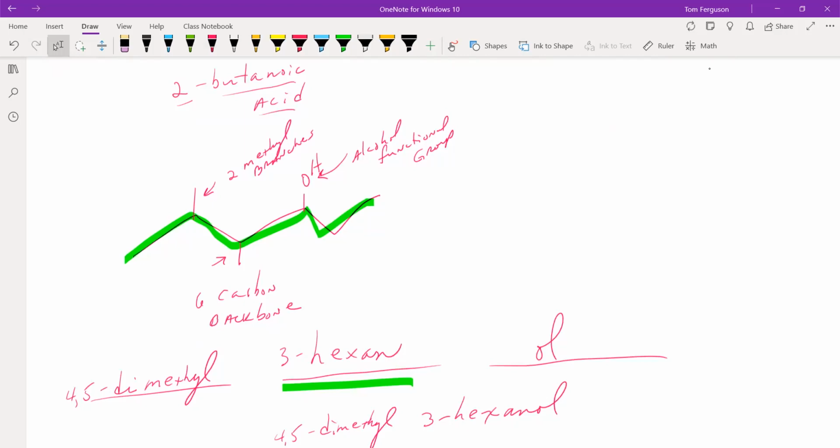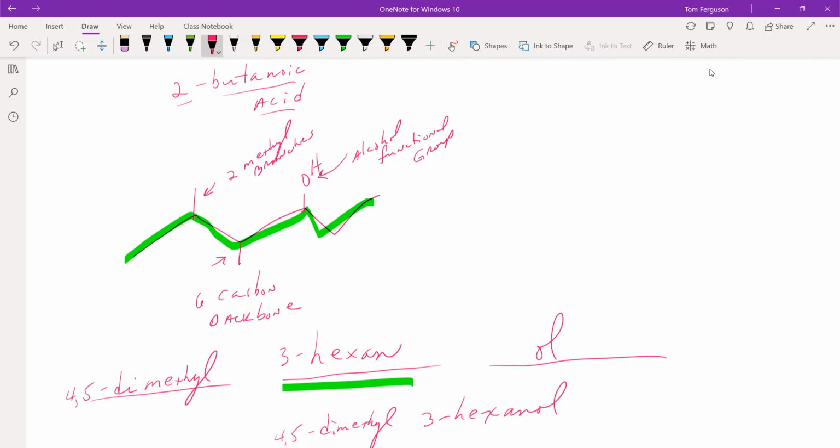Then another one here. This has got multiple branching. So we've got 1, 2, 3, 4, 5, 6. Got a 6-carbon backbone. The functional group is just an OH, which is an alcohol functional group, on carbon number 3.